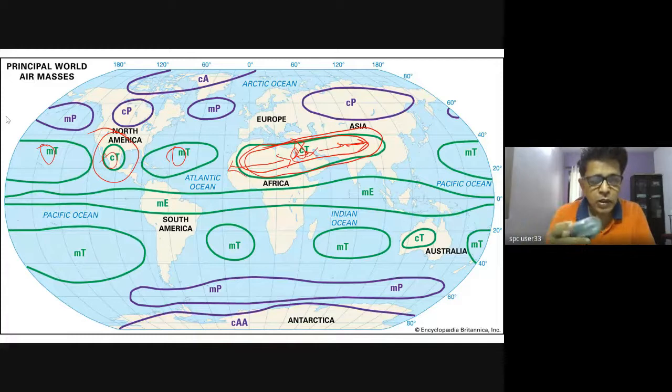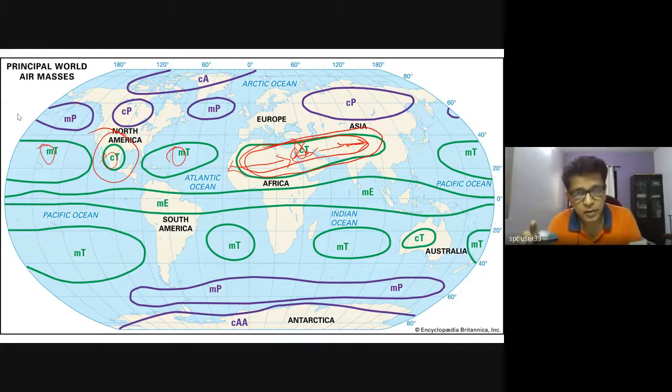On the other hand, this could be cooler than this, and as a consequence you could call this a cold air mass within the tropics. So all these combinations you always have to keep in mind, because all of this is a very dynamic process. Having said this, when we speak about development of an air mass, how does an air mass develop?